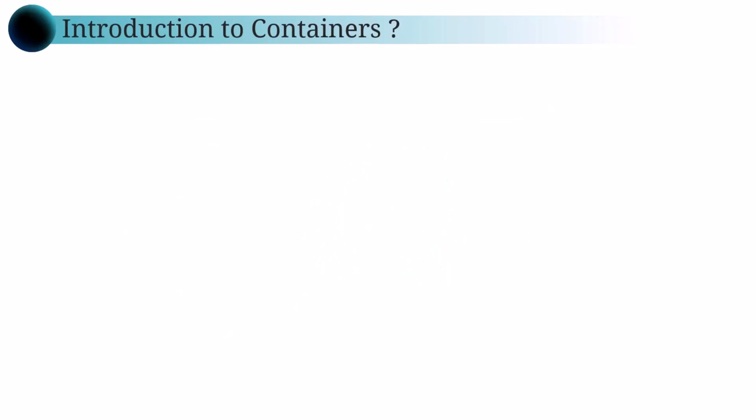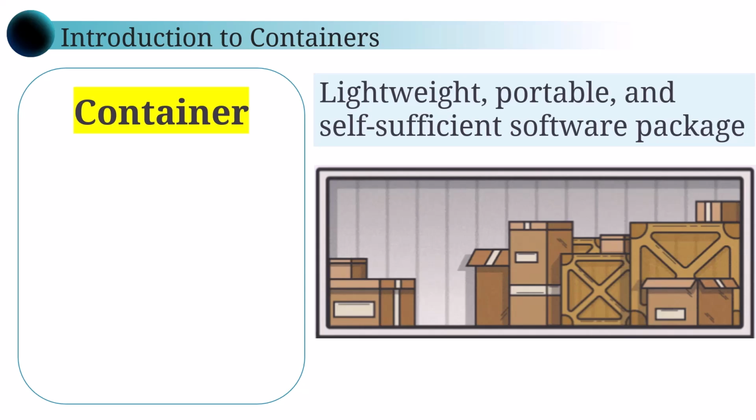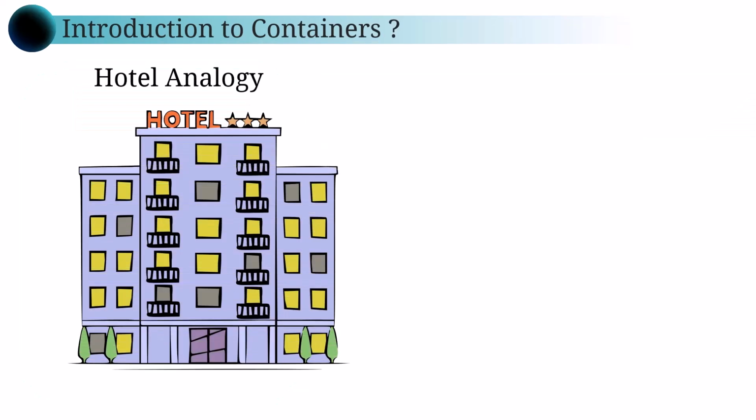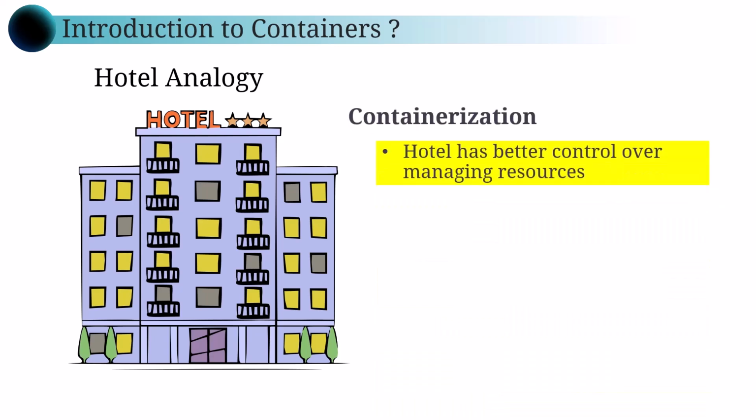Finally, we have containers, the rising star in modern infrastructure. Containers are lightweight, portable environments that share the host operating system's kernel. If virtual machines are like rooms in an apartment, think of containers like rooms in a hotel. A hotel has better control over managing resources.